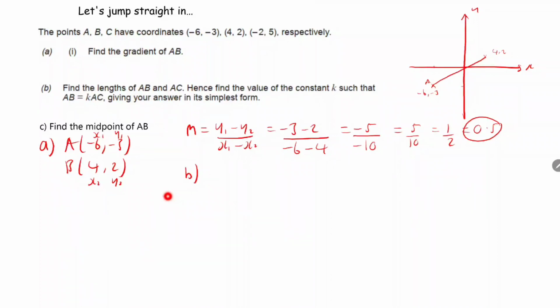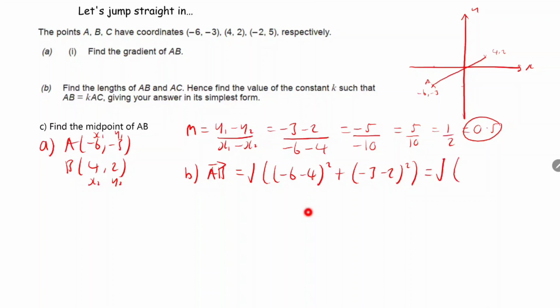So, first step is to find the distance from A to B. That will be equal to the square root of x1 minus x2, so -6 minus 4 all squared, plus -3 minus 2 all squared, which should be equal to the root of -6 minus 4, which is -10, -10 squared is 100, plus -3 minus 2, which is -5, and -5 all squared is 25, which gives us the root of 125.